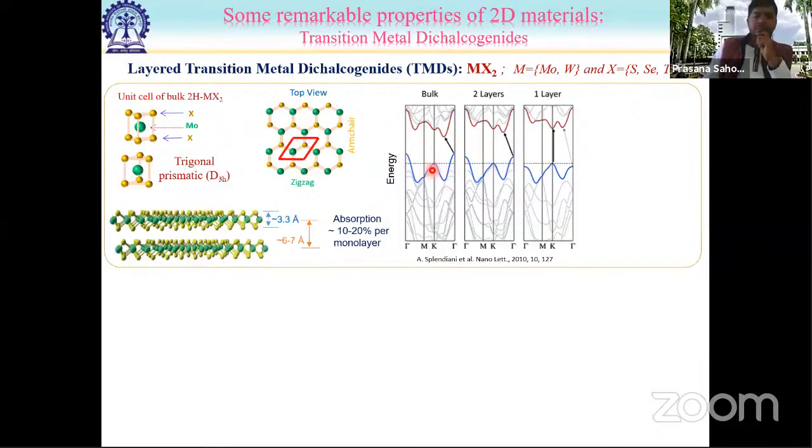In bulk semiconductor TMDs or 2D materials, they are mostly indirect band gap semiconductors. That means they are not energetically favorable for the transition process to occur. But the moment you thin down to a single layer, the conduction band minimum and the valence band maximum lie at a single momentum, so a direct transition is there.